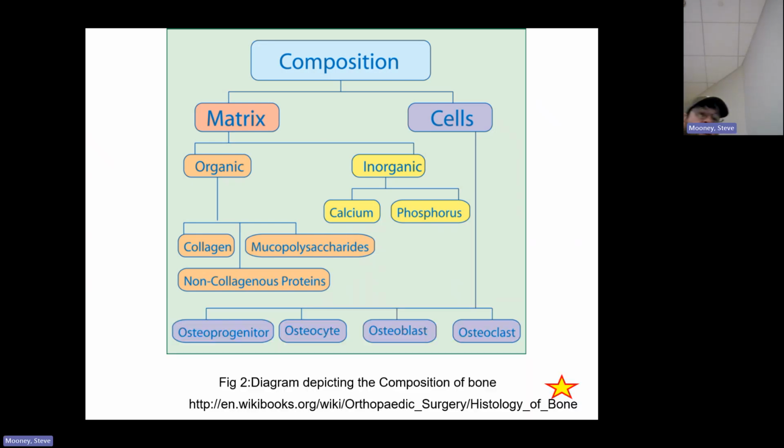Then we've got 4 cell types we'll talk about in this class, and we'll explain what each of those are as we move forward: osteoprogenitor, osteocyte, osteoblast, and osteoclast. Each has a specific function, a specific purpose inside the bone tissue.